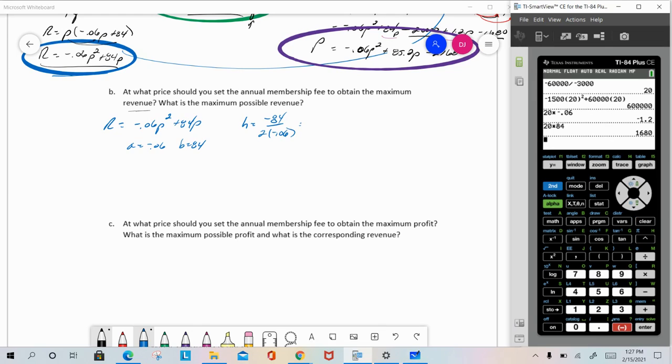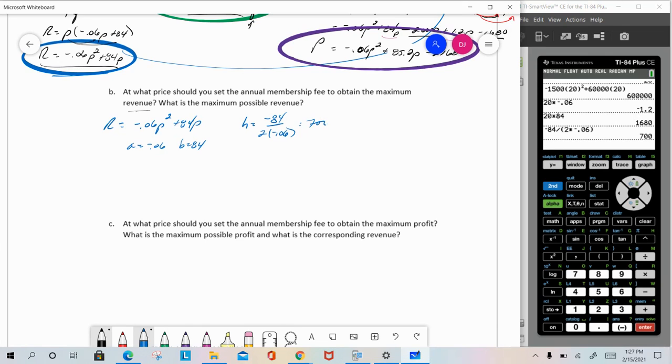So that's going to be negative 84 divided by, put this in parentheses, 2 times negative 0.06. That would be 700. So at what price should you set the annual membership to obtain the maximum revenue? $700 a year.